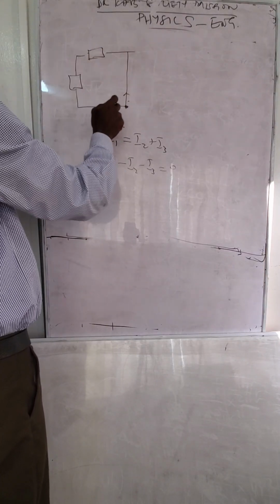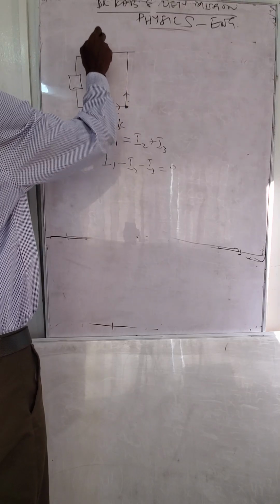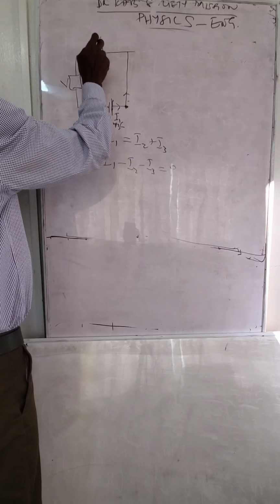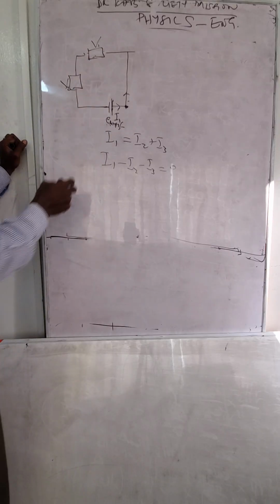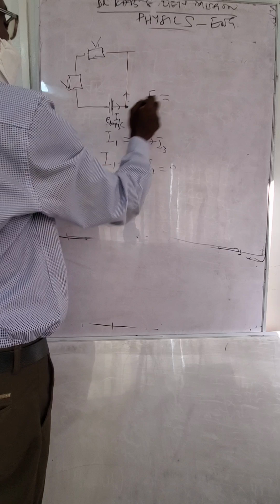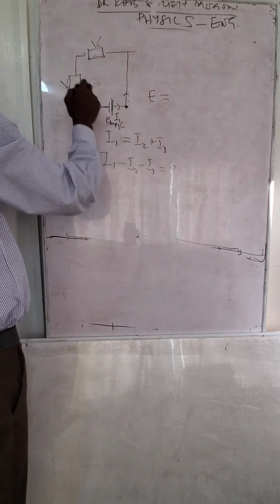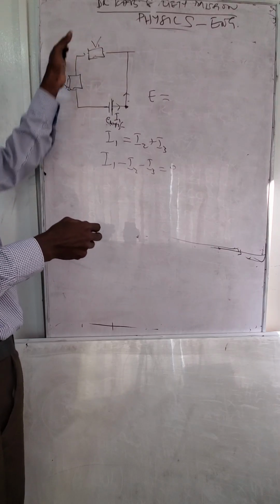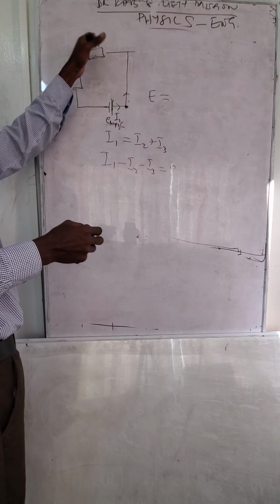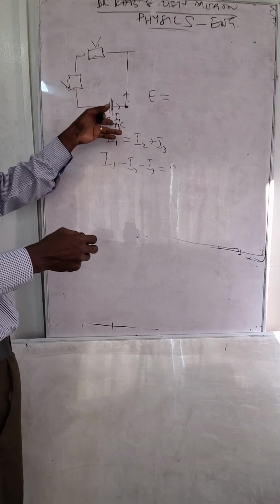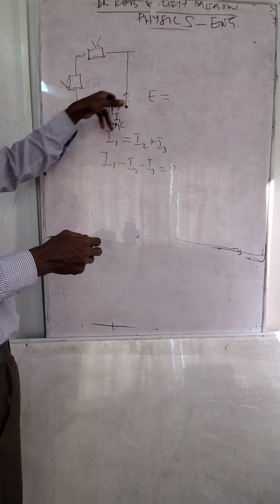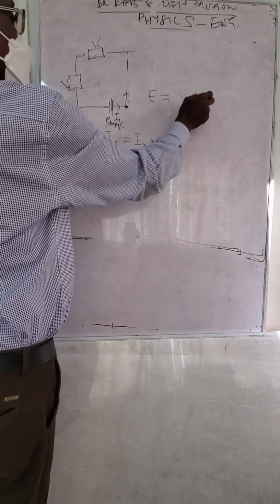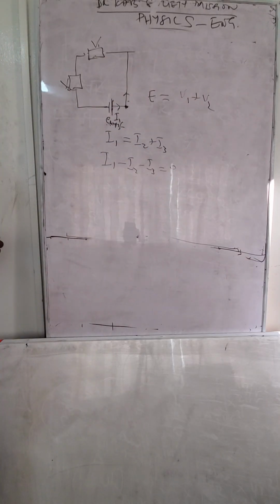It will cause the electrons to move. As they move, they give the resistors some energy over the potential difference. So this is V1, this V2. This E is the supply of the energy. When the electrons go around and come back, the potential across the various loads should be equal to the supply. So E will be equal to V1 plus V2. That is what it means.